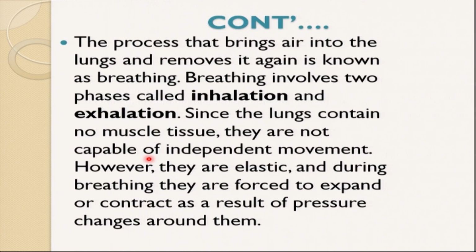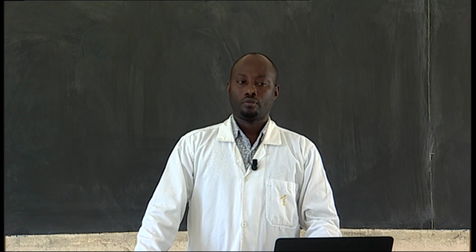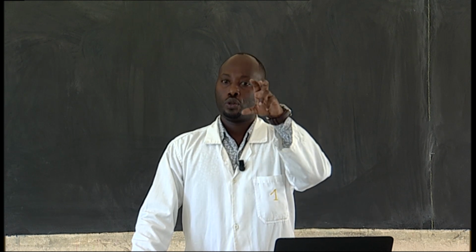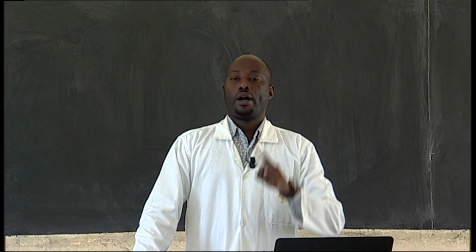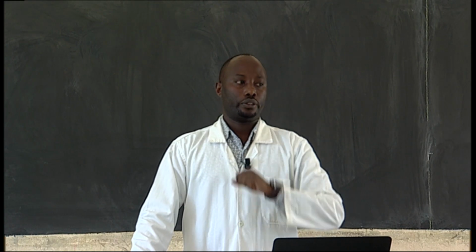The process that brings air into the lungs and removes it again is known as breathing. Breathing involves two phases: one is called inhalation, and the second is called exhalation.